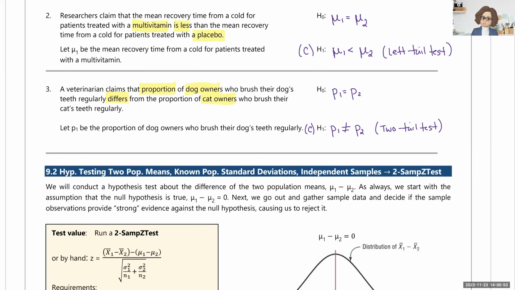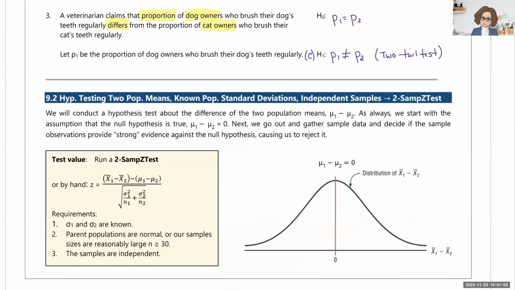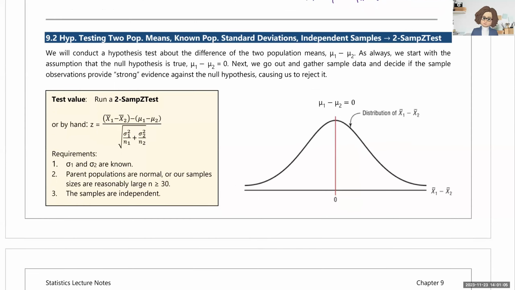All right, so after we write our hypotheses, the next step will be going out to get some data and testing these claims. So when we conduct a hypothesis test of 2 populations, and we'll be working first with independent samples, we'll do the case where the population standard deviations are known. So we'll do those cases first, and then we'll move to population standard deviation unknown second.